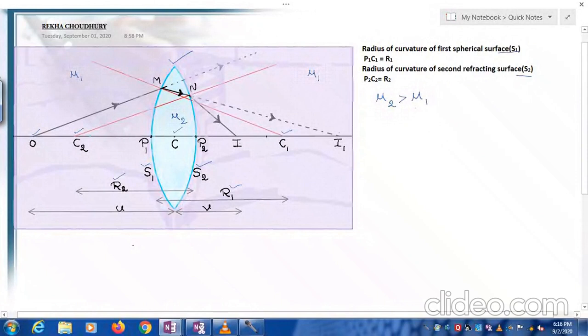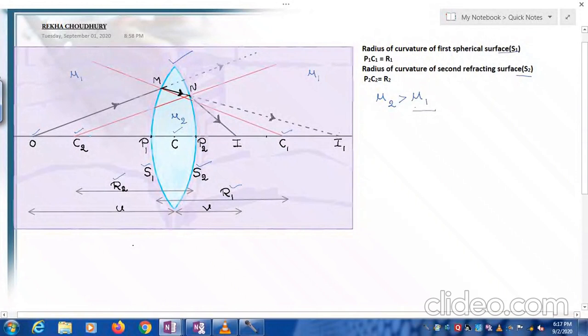But if it is air, then instead of mu1 we will write 1 because the refractive index of air is 1. Now see, at the point M, refraction takes place as the light is travelling from an optically rarer medium to an optically denser medium. So the ray will bend towards the normal.